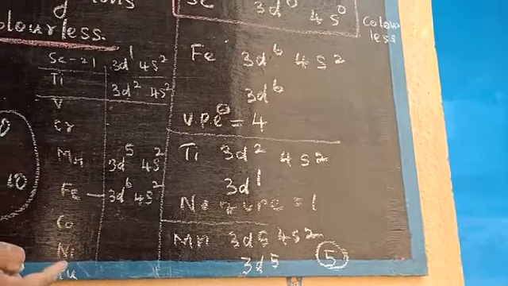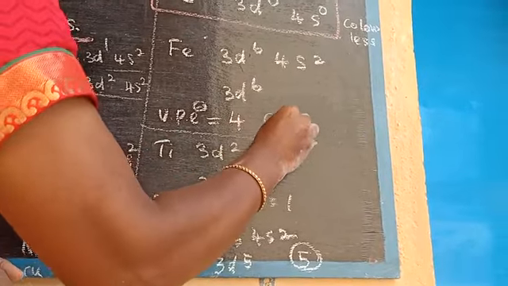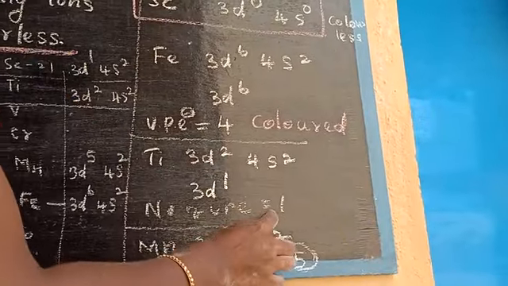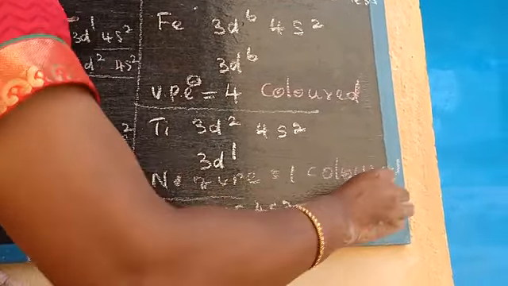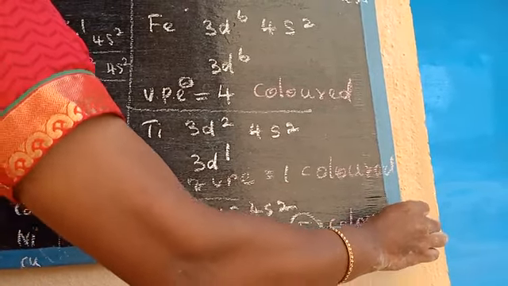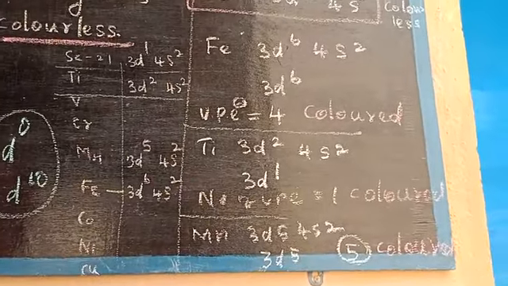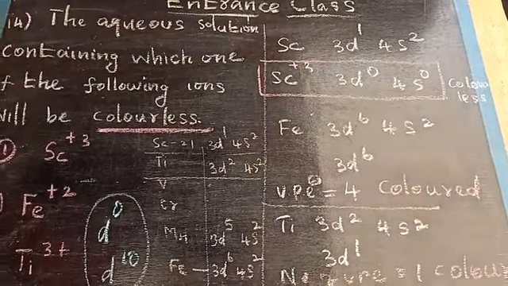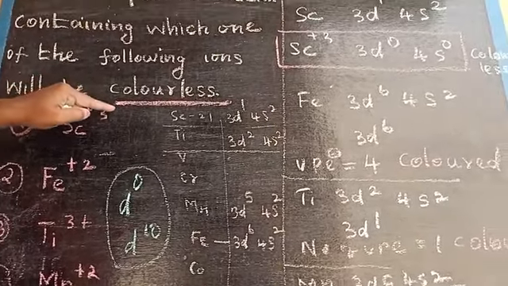Based on unpaired electrons, here unpaired electrons 4, so it is a colored substance. Here the number of unpaired electrons is 1, it is colored. Here unpaired electrons 5, it is colored. Now see the question: the aqueous solution, whether it is in metal or ionic state, containing which one of the following ions will be colorless?